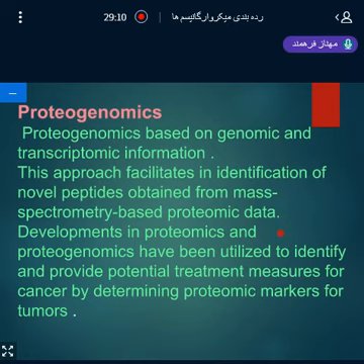Developments in proteomics and proteogenomics have been utilized to identify and provide potential treatment measures for cancer by determining proteomic markers for tumors. So here you can see, developments in proteomics and proteogenomics are very important to identify the treatment measures for cancers, determining proteomic markers for tumors.